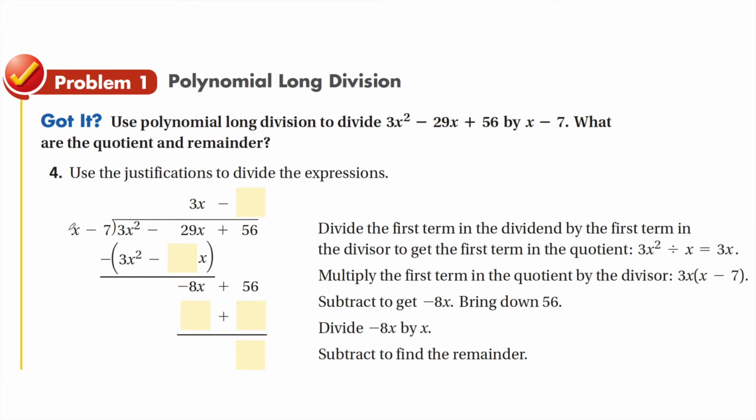So in order to figure out how they got that 3x, we can look at what they decided to do for the justification. So they divided the first term of the dividend, what's inside, so that 3x squared, by the first term of the divisor, which is what's on the outside. And that answer right there, in this case it gives us a 3x, is going to be the first term of the quotient.